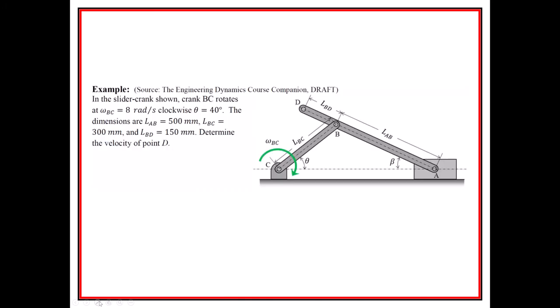Go back to here and take a look. We know that the velocity of B goes along this line, so the perpendicular line is right up in here, and we know the velocity here is going to be across here, so the perpendicular line is right up here. So here's the location of the ICR. That's the thought process that helps us get there.